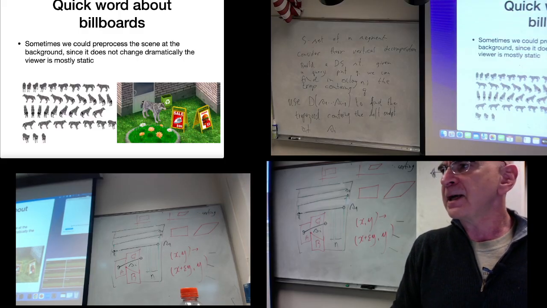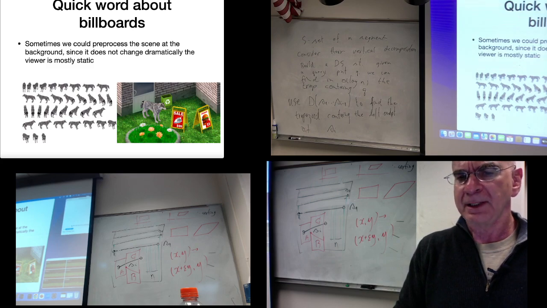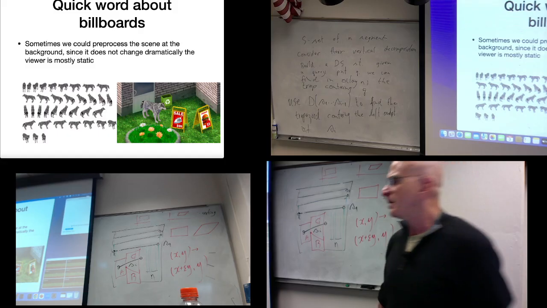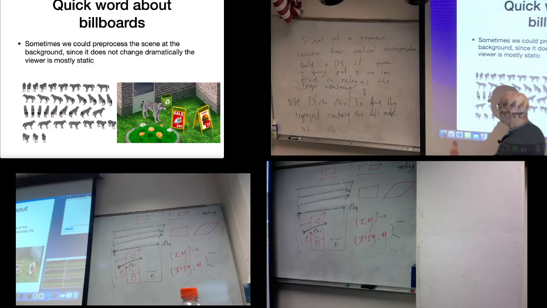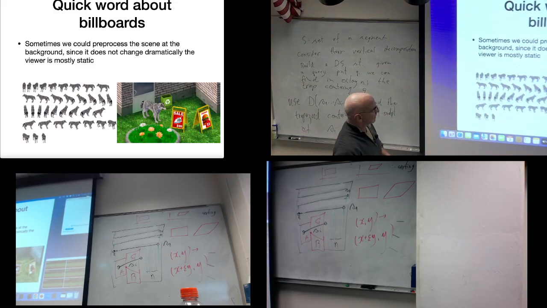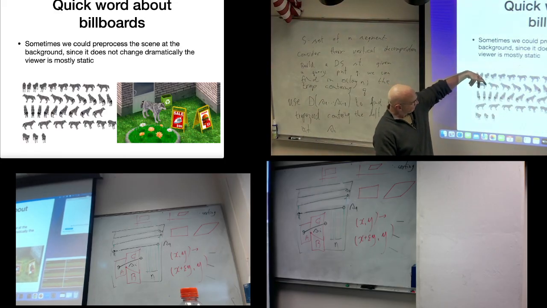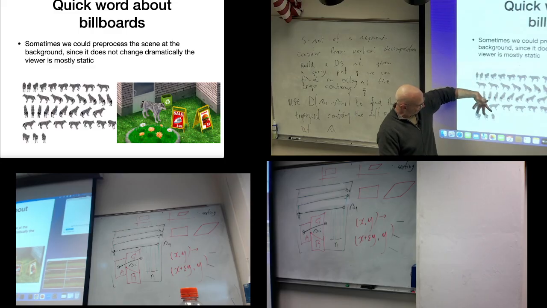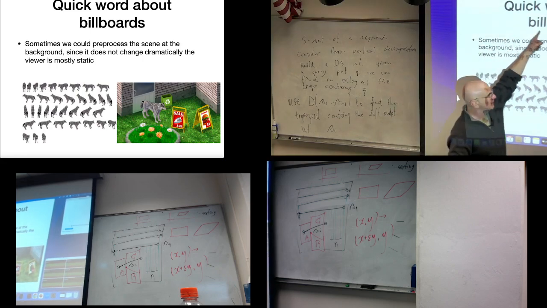So here is, that's unrelated to our topic, but here is a very, very useful and clever idea for how to work with what is in the background. What is in the background if you are moving your head a bit or moving a bit? What is in the background far away from you doesn't change that dramatically. So even if it's a very complicated wolf, I can prepare the wolf in a certain number of directions and somehow interpolate between these directions depending on where the user is. And these are just static images that I can use as texture, as a way for the background, use it as a billboard or imposter.